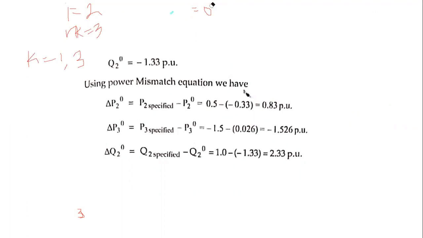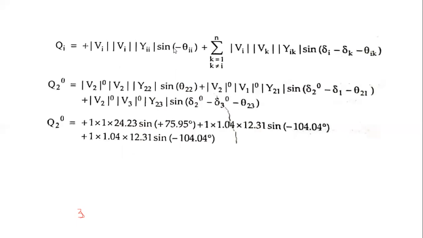Q2 of 0 equals minus 1.33 per unit. Next, using the power mismatch equation, delta P2 of 0 equals P2 specified minus P2 of 0. What is the P2 specified value?